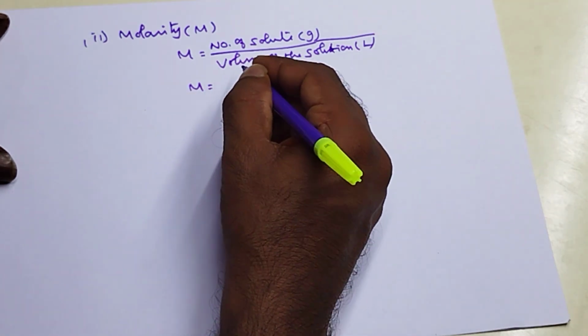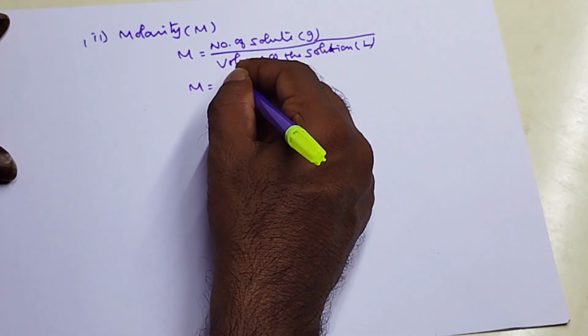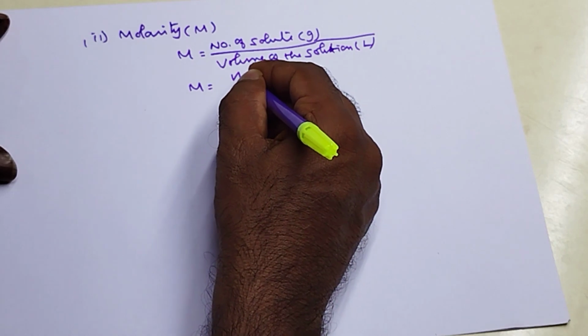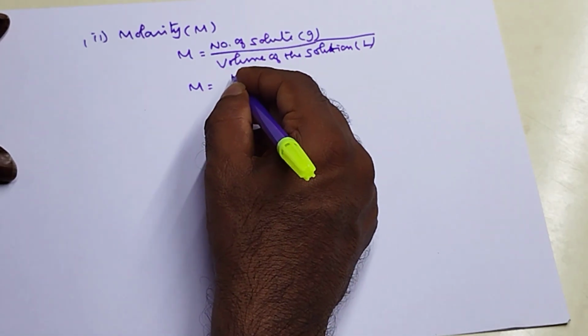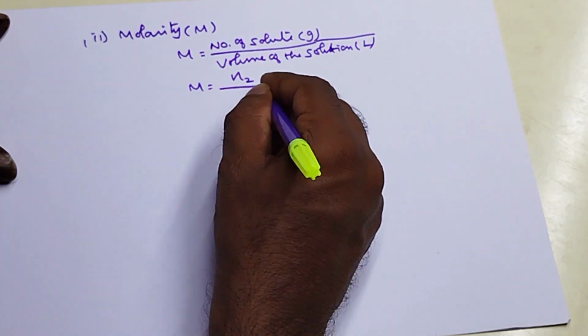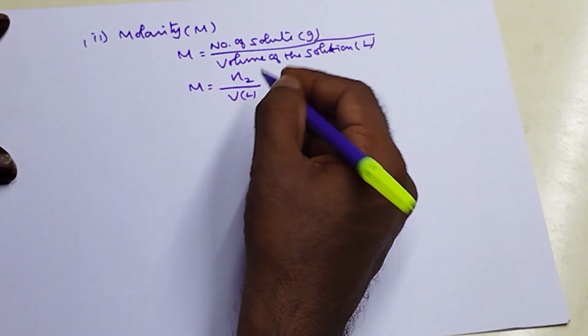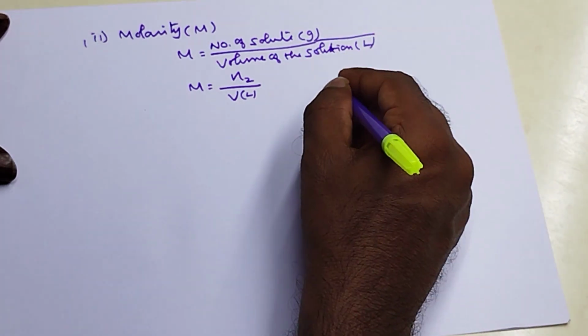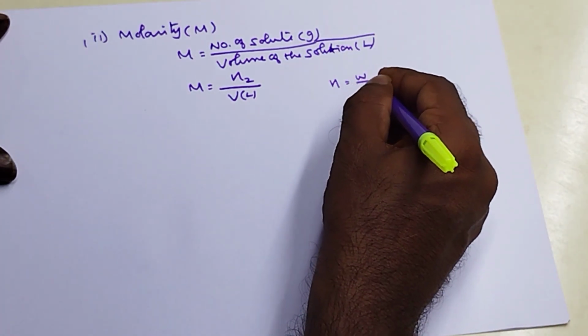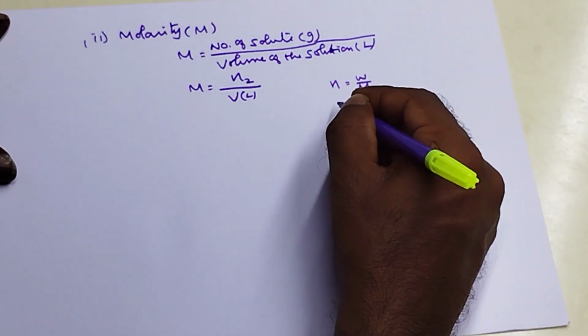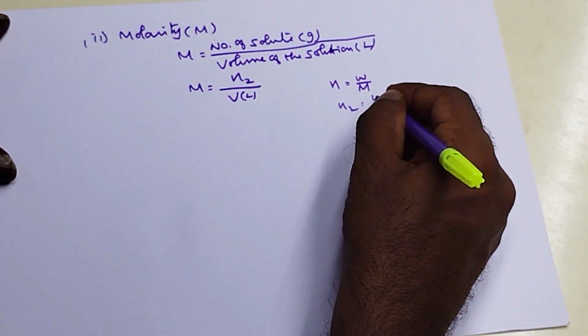Molarity is equal to the number of moles, with suffix 2, n2, since solute is already fixed as 2 and number of moles is denoted by small n, divided by the volume V in liters. We already know that the number of moles is the given mass divided by the molar mass, that is n2 equals W2 by M2.